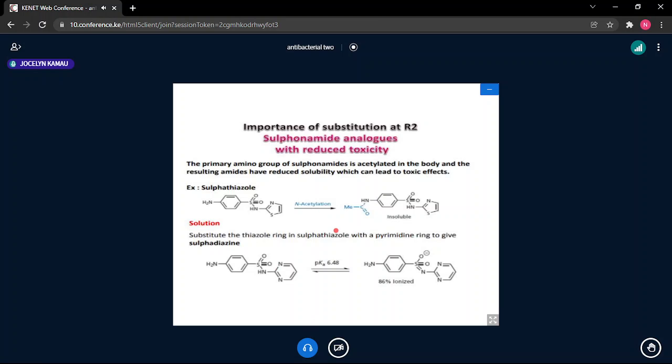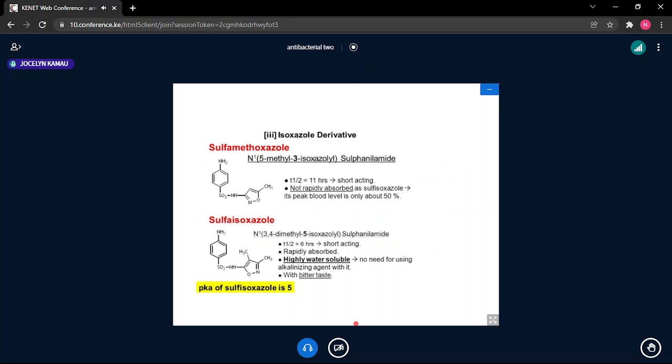So we are therefore saying that replacement of the heterocyclic ring with a ring that has higher electron withdrawing effect, increasing the acidity and of course decreasing the pKa of the sulfonamide, gives us a better molecule with lesser toxicity and higher potency. Another drug is sulfamethoxazole.